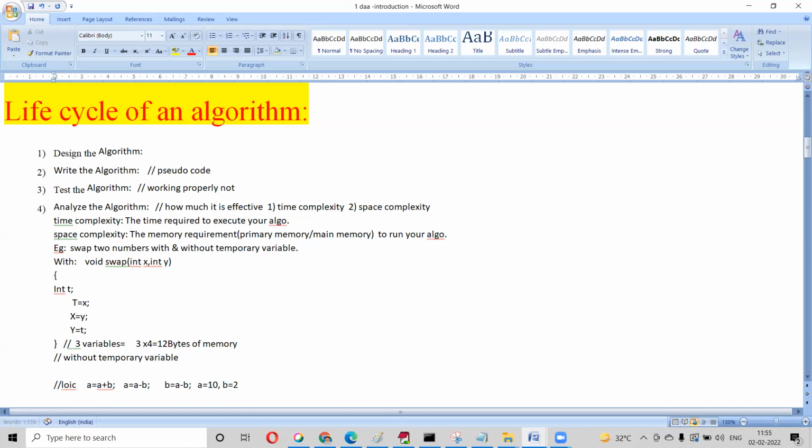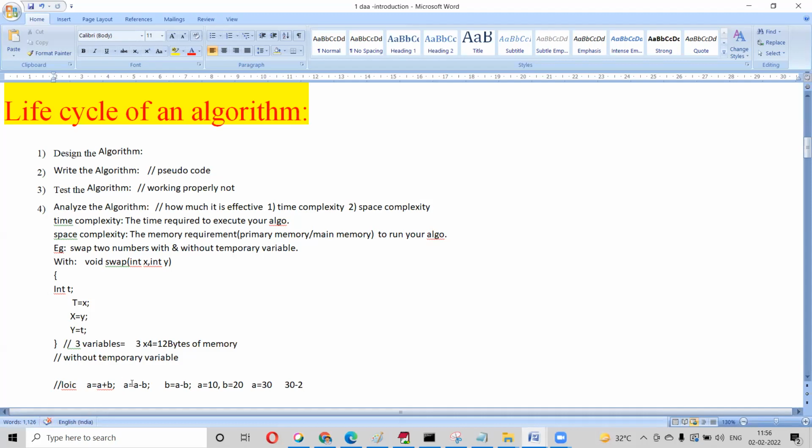First A is equal to A plus B, so A value becomes 30.